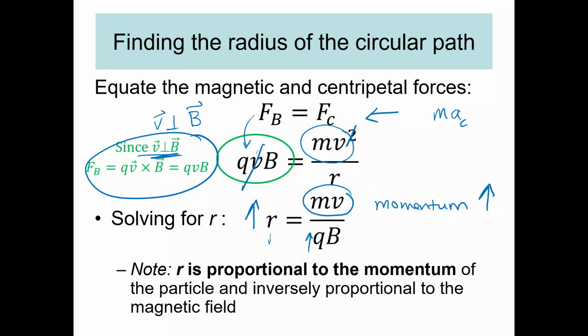So larger charges are going to have tighter circles because they're going to be more strongly influenced by the magnetic field. And of course, the stronger the magnetic field, the smaller the radius, and therefore, once again, the tighter the circle. So more charge, more magnetic field, tighter circle; more momentum, more mass, more velocity, the bigger your circle is going to be.